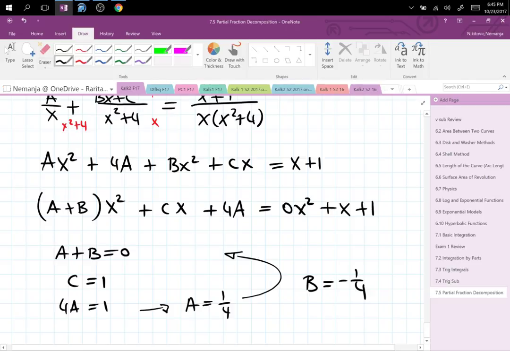Do we all have the same stuff? A to be 1/4, B to be -1/4, and C to be 1. Are we all good with this? Perfect.